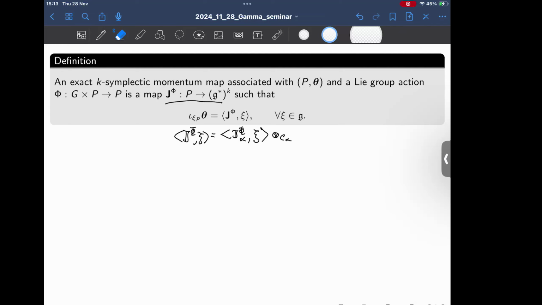This definition of the K-symplectic momentum map differs from the standard one, since the standard definition is a contraction: the fundamental vector field on P contracted with bold ω, which is d⟨J^φ, ξ⟩. But when our Lie group action is an exact K-symplectic Lie group action, we can retrieve the standard momentum map.